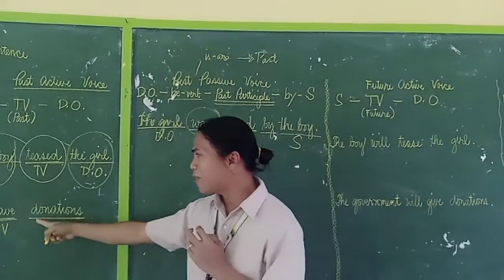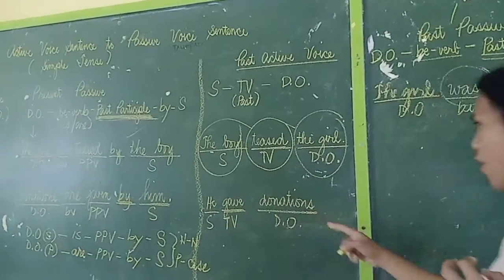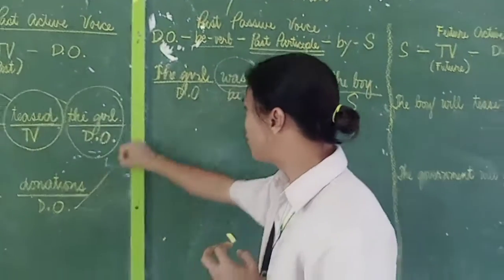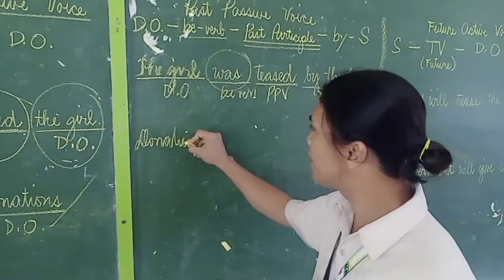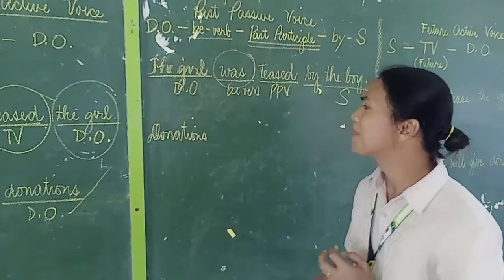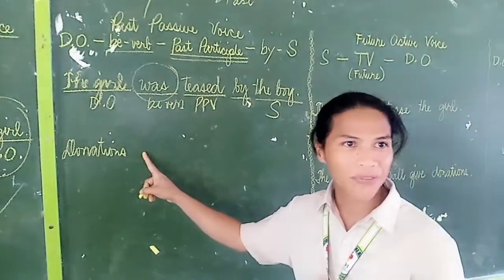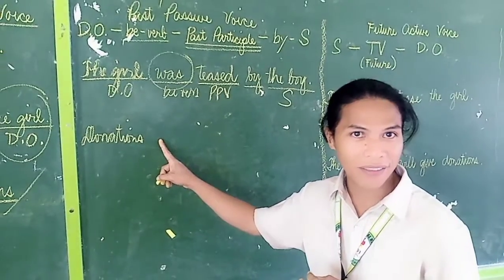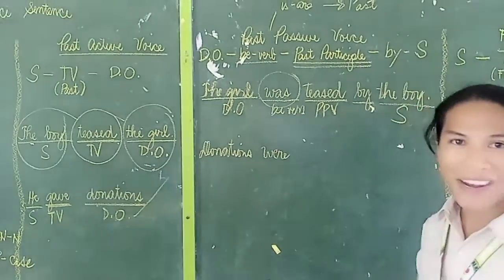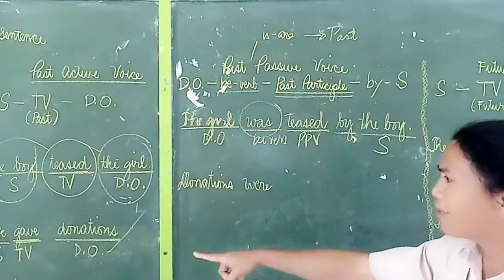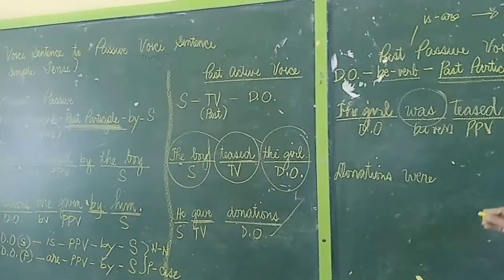Okay, let us try this one. We gave donations. So our direct object goes first, so we have donations. What is the past form of are? Were. And then what is the past participle of gave?